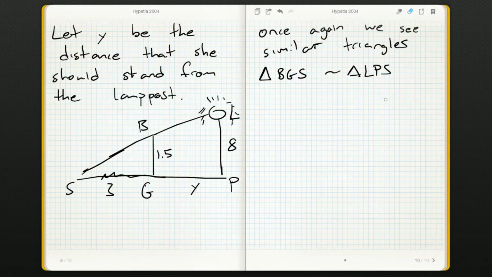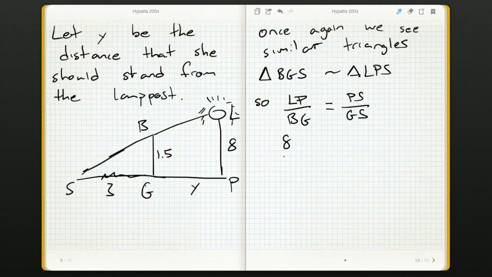It's quite clear that your triangles are similar in this way. Okay. So, LP over BG, not GB, BG. Keep the order correct. That's got to be the same ratio as PS over GS.